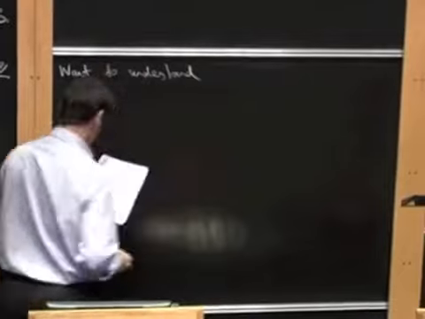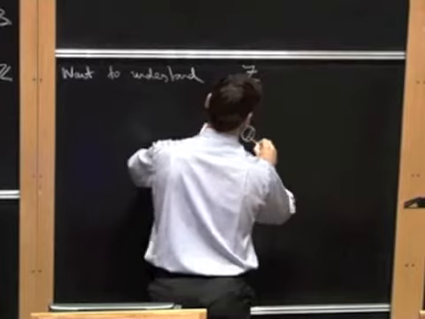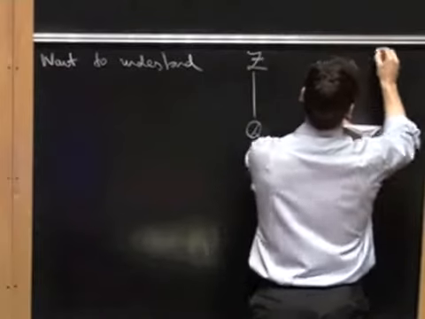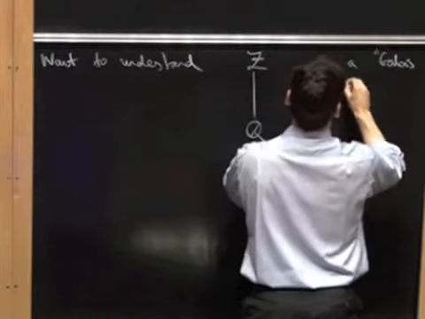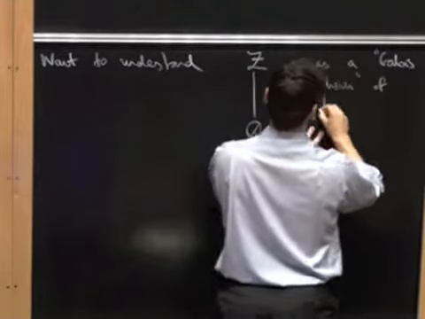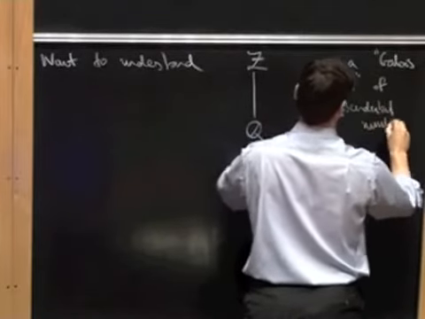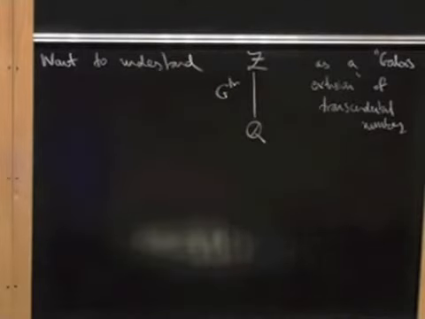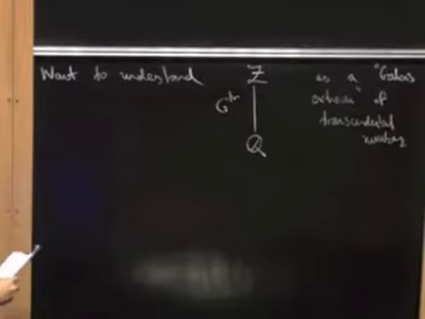And the goal is to try to understand multiple zeta values as a kind of Galois extension of Q of transcendental numbers. So there's going to be a Galois group that for now I'll just write G transcendental. It won't be a finite group or pro-finite group. It'll be a pro-algebraic group. And the idea is this group is going to move these numbers around in some way.